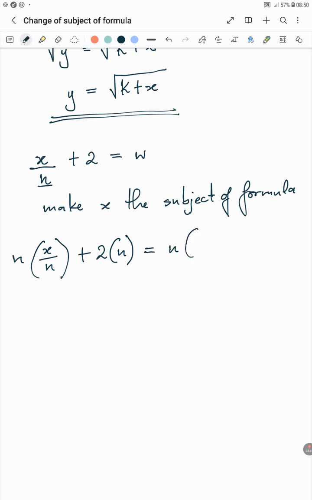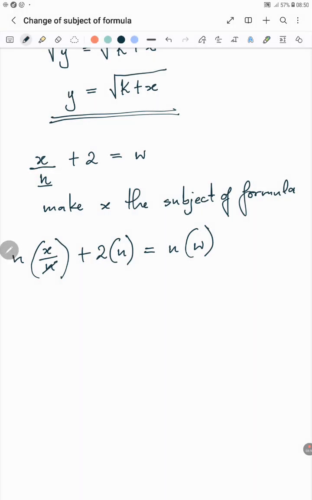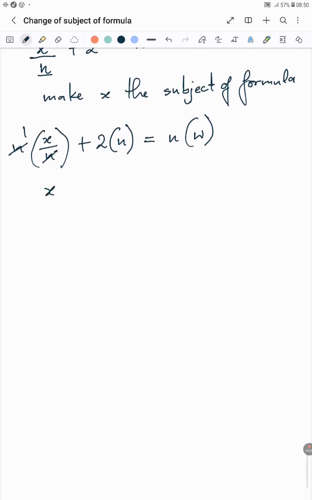n times w. So here you're going to say n into n, n into n is 1, and n into n is 1. So here you remain with x, and here you have 2n, and here you have nw.